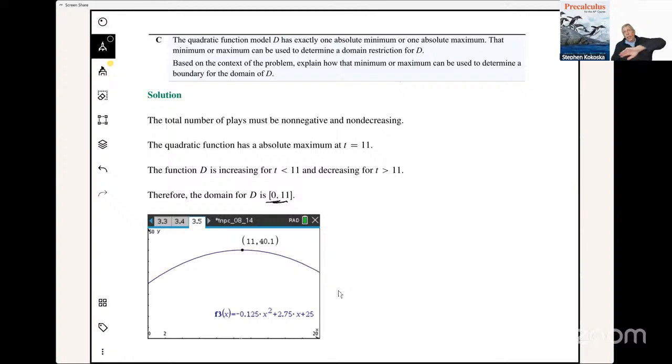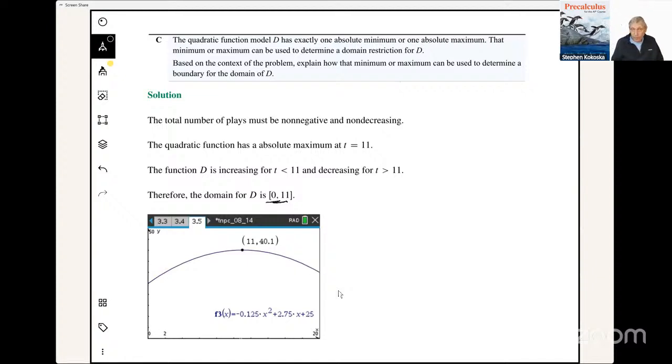because t being negative is prior to when the musician started using the app, but people were still downloading songs. So students could have tried to analyze this function and looked at a left-hand endpoint that would have produced a negative value of t. I think, however, based on the context of this problem, explain how the minimum or the maximum is used to determine a boundary, a right-hand boundary for that domain.